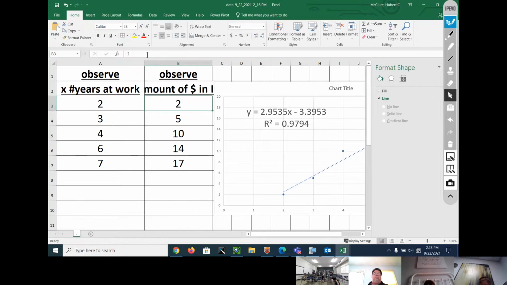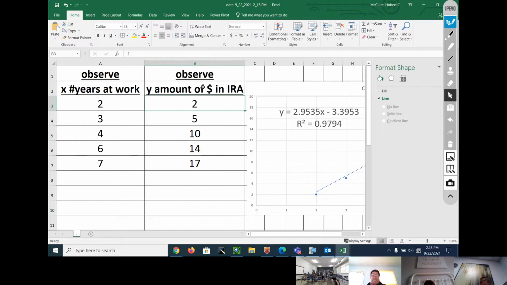Okay? I'm just making up something just so you can understand what's going on here. So the Y is the amount of money that's put in your IRA. It could be by the thousands, it could be by the hundreds. And this is number of years at work. Everybody with me? Yes. And these are actual.